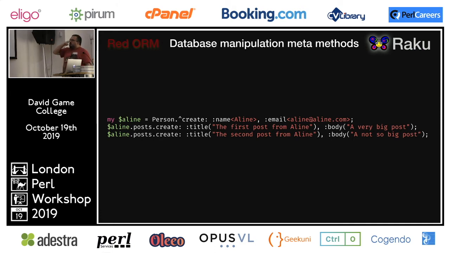So the object of a person has the method posts on it. So it would return a result seq as well. But result seqs have the method create as well. So when you call create on the posts, it will create a post of that person.